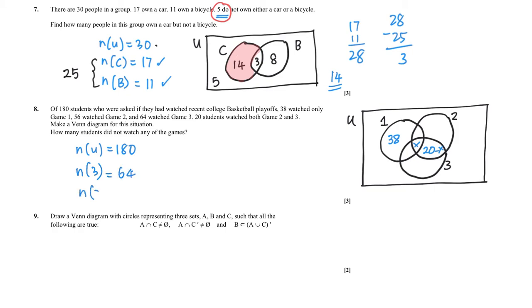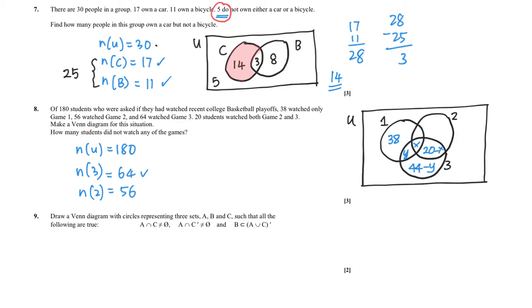Game 2, we have 56. 64 for game 3. So if 20 is there, the sum of these two should be 44. So let's say this is y. This should be 44 minus y. Okay, that's the most we can get.